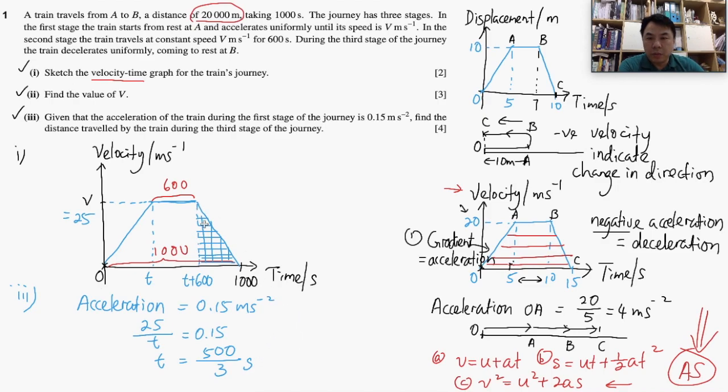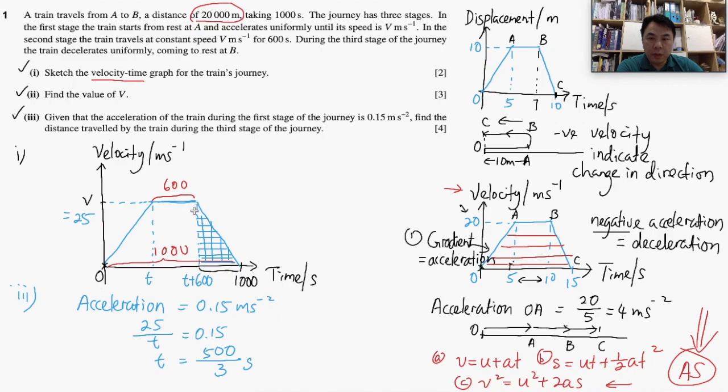Now we still need to find the area under the graph for the last stage. To find that, we just need to figure out the length of the height of this triangle.